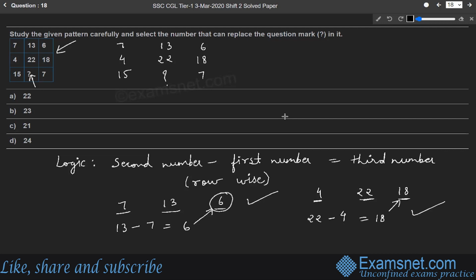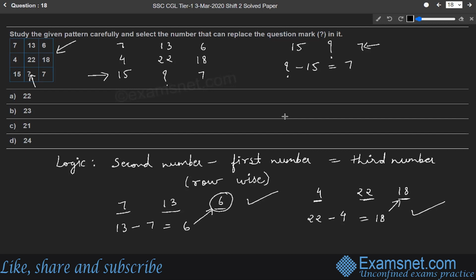So let us apply the same logic for the third row to get the number in the place of the question mark. The third row consists of 15, question mark and 7. The logic is second number minus first number. In the place of the second number, there is the question mark. So question mark minus first number, which is 15, gives the third number, which is 7.